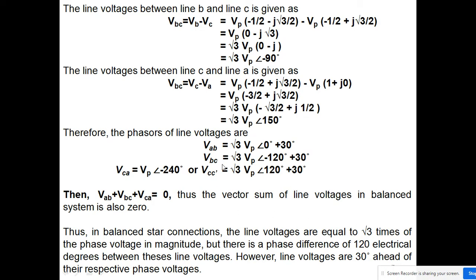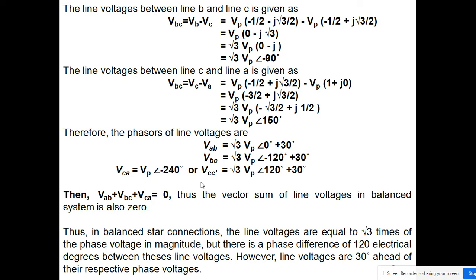So what we can say from this diagram, in the balanced star connection the line voltages are equal to root 3 times the phase voltage in magnitude, but there is a phase difference of 120 electrical degree between these lines, which is due to our three phase generation.